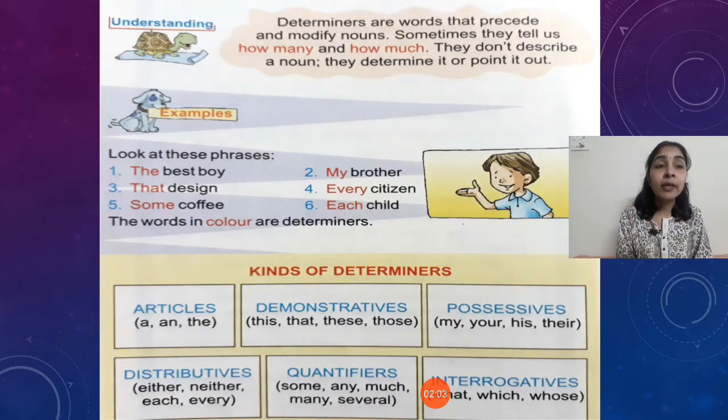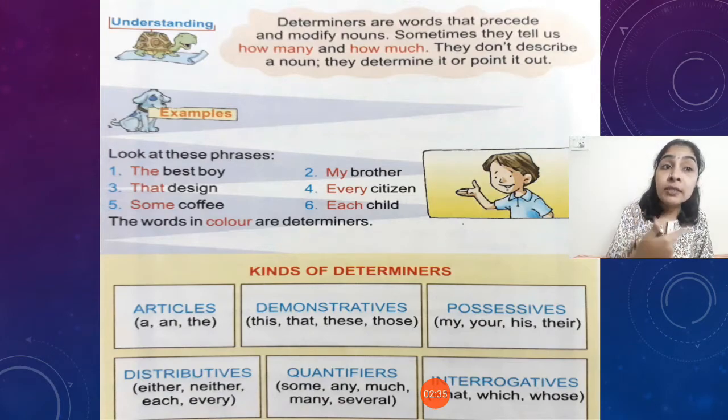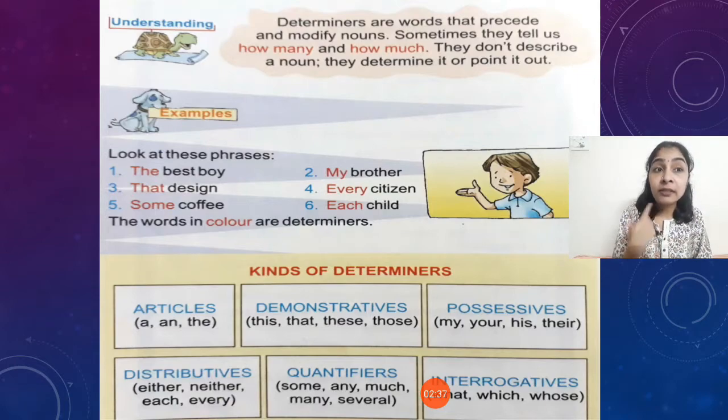So when in the sentence you have a noun, that means the word being used there is a determiner and not a pronoun. They precede and modify the noun. That means they tell something about the noun: how much it is, how many. They don't describe a noun, they determine it or point it out. Adjectives are describing words; they describe the noun.